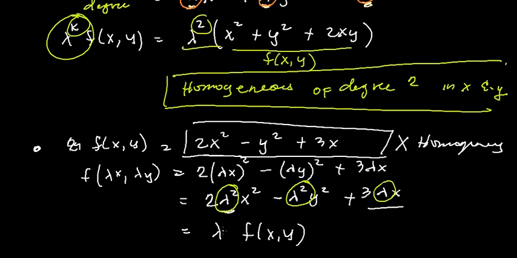That's why this example function is considered not homogeneous.